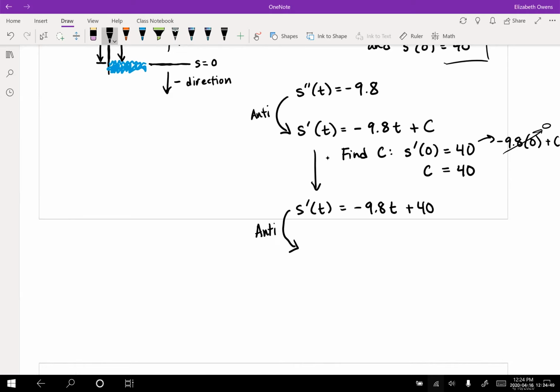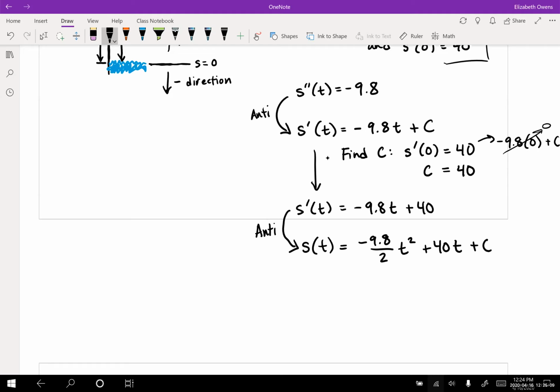So do an antiderivative there, and that'll take us back to our original function level. And so, yep, Felipe's got it. Very good. Negative 9.8 divided by 2, t squared, plus 40t plus c.